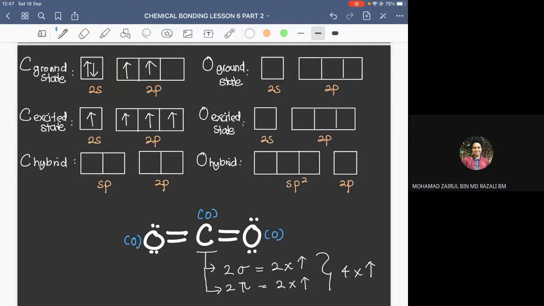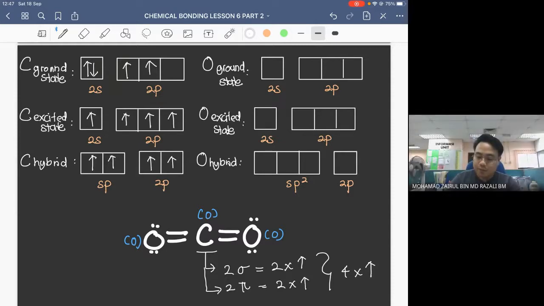Maknanya awak gabungkan satu s dengan satu p orbital. Ada baki lagi 2 itu awak biarkan je, dan baki lagi 2 tu ada elektron, so awak biarkan. Maknanya dalam sp hybrid ini kita akan gunakan dia untuk form sigma bond.